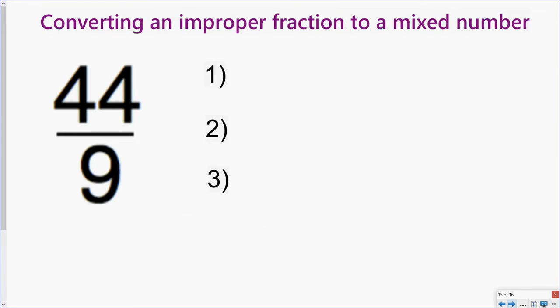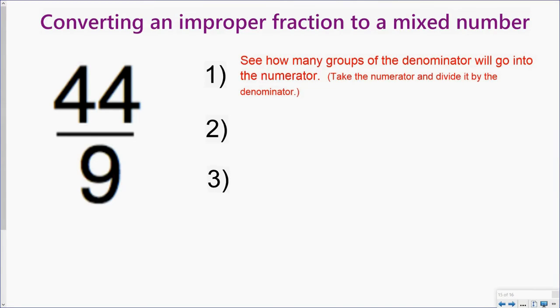So let's take a look at this one here. We have 44/9. Again, 44 is larger than 9, so the numerator is larger than the denominator. The first thing I'm going to do is see how many groups of the denominator will go into the numerator. So I'm taking the numerator and dividing it by the denominator.